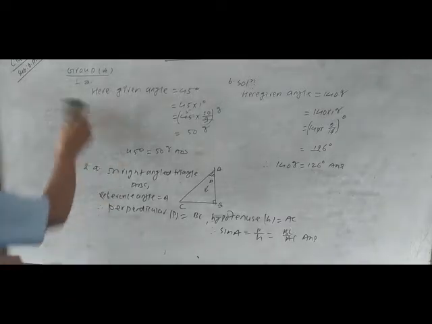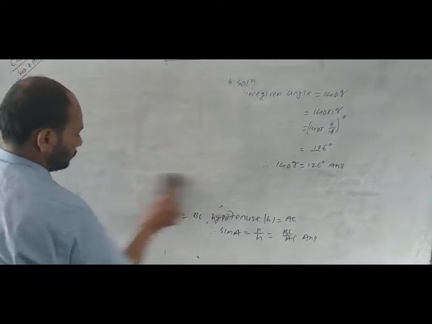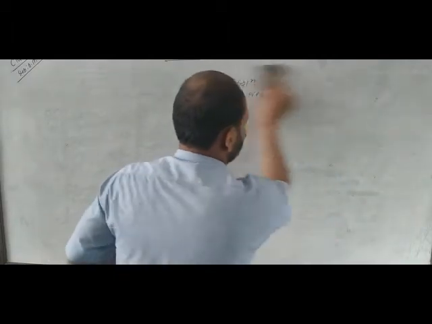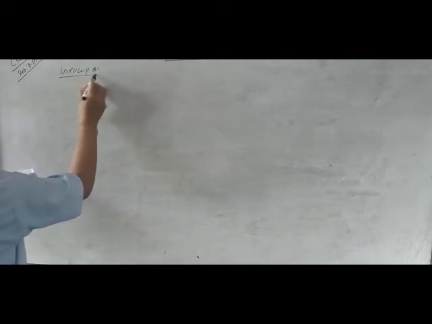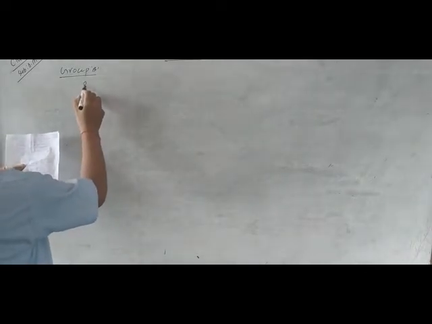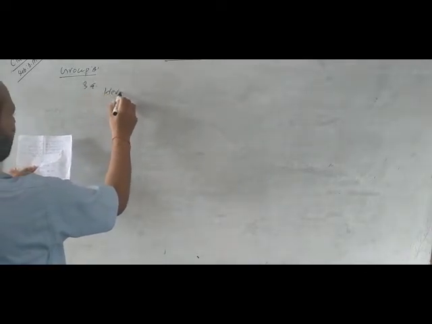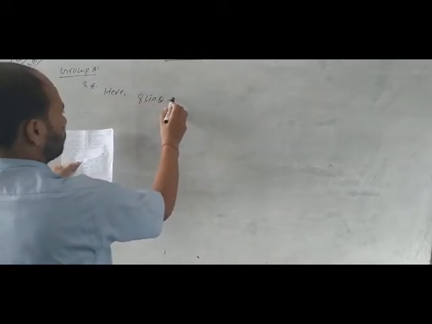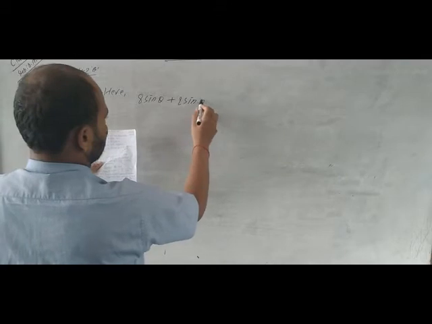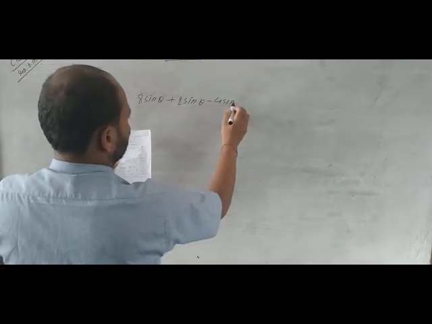Now I am going to erase this. Now I am going to solve group B. In group B we have simplify. Yes, in 3A here we have given 8 sin theta plus 2 sin theta minus 4 sin theta.